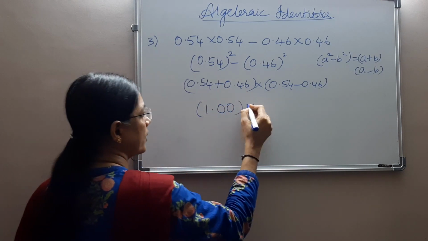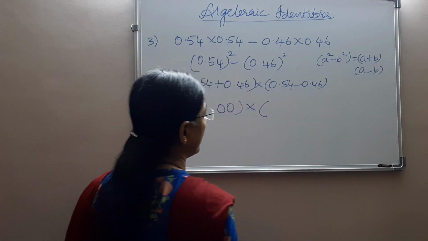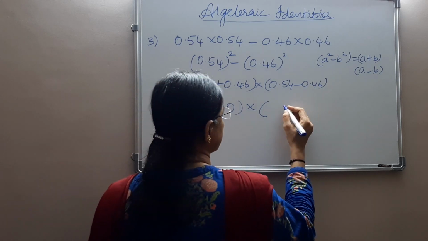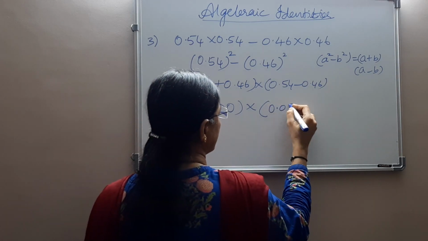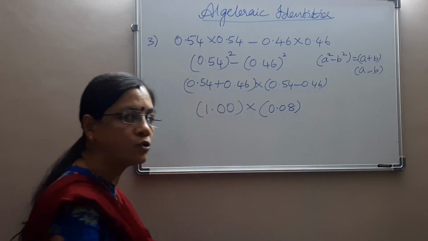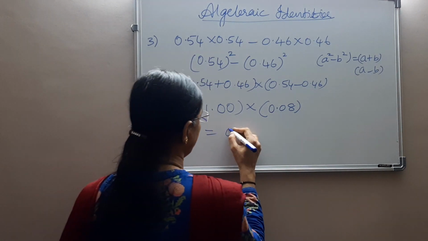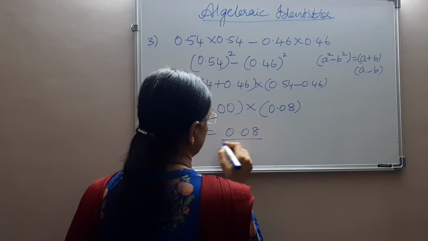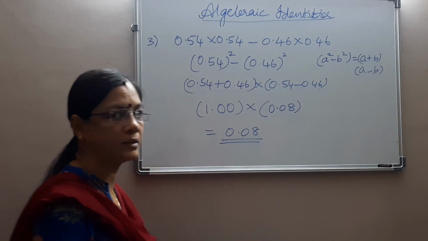So this becomes 1 now. And what is 54 minus 46? 14 minus 6 is 8. So 0.08. So 1 into 0.08 is nothing but 0.08. That's it. So this is your answer.